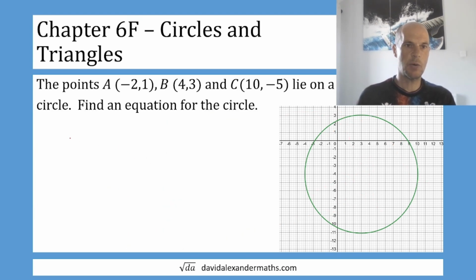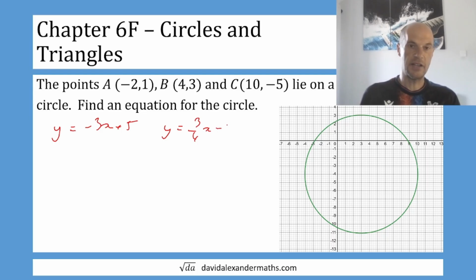So again, the equations of those perpendicular bisectors were y equals -3x plus 5 and y equals 3/4 x minus 17 over 4. So where they meet is where -3x plus 5 equals 3/4 x take away 17 over 4.